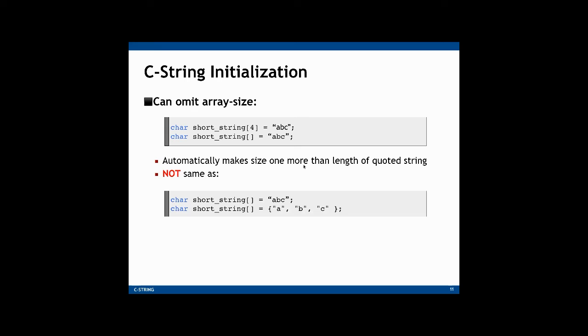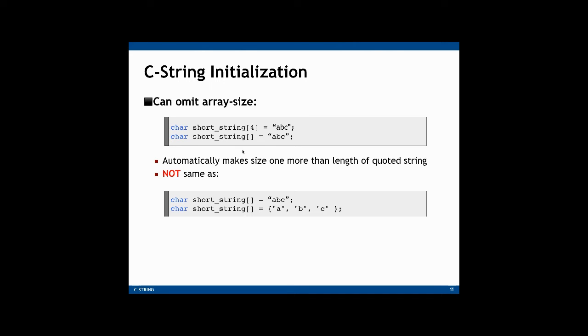Here are two different ways to initialize a C string variable when it is being declared. As you can see here, you can explicitly specify the size of the array. And as we just saw, a C string variable need not fill the entire array; the array can be partially filled.